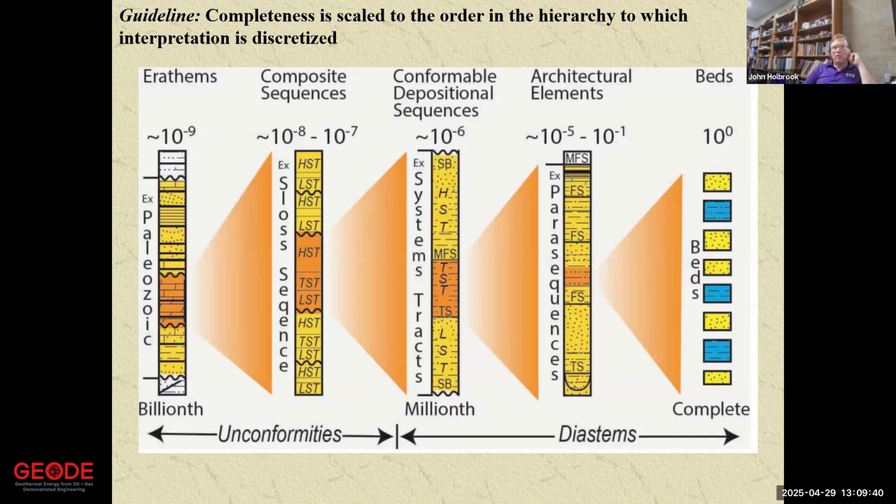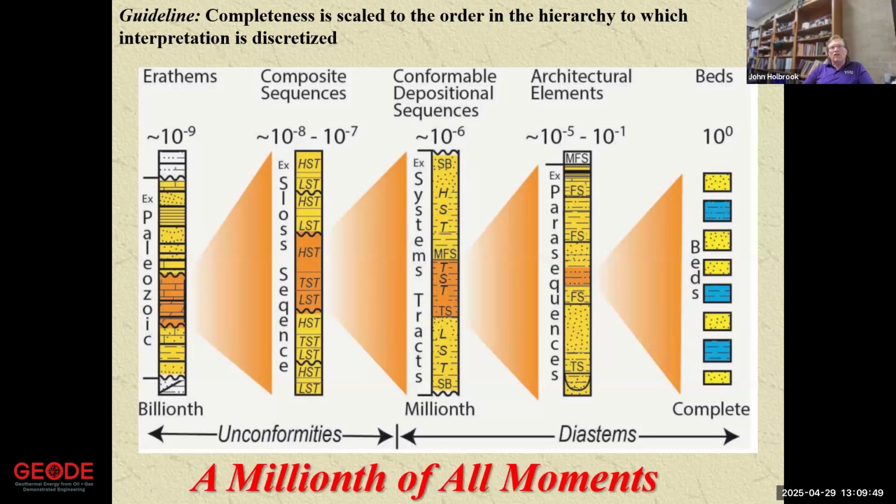If you look at how much time is lost typically, a conformable sequence is only recording about 1/1,000,000th of all the time that's passed. So we usually say it's a complete section because it doesn't have any major unconformities. But in terms of continuous deposition, how much of that rock is recording actual deposition? It's about a millionth of all the time that's passed.